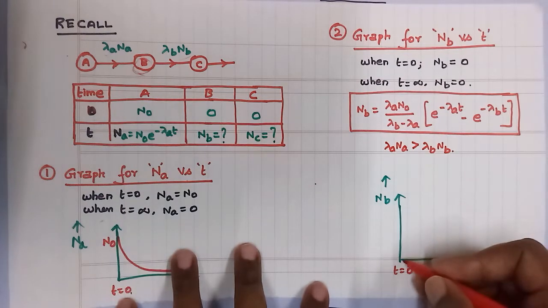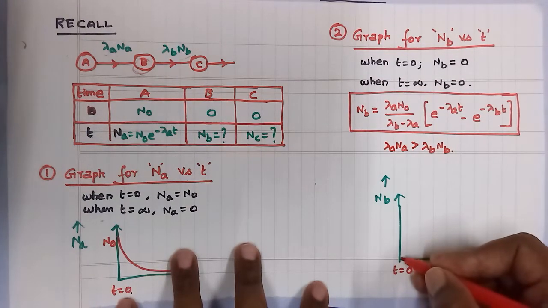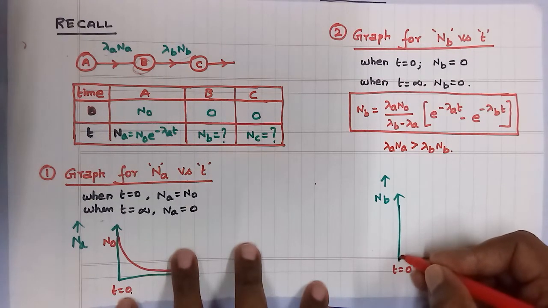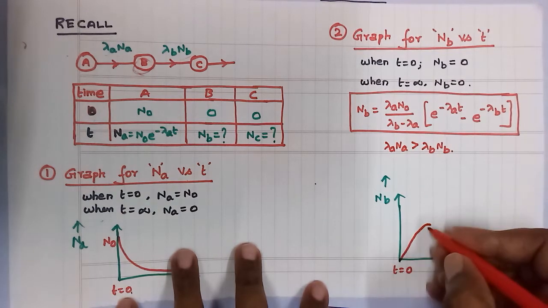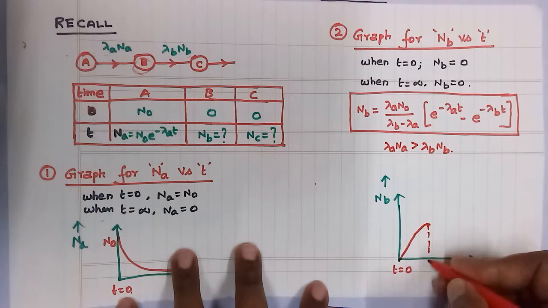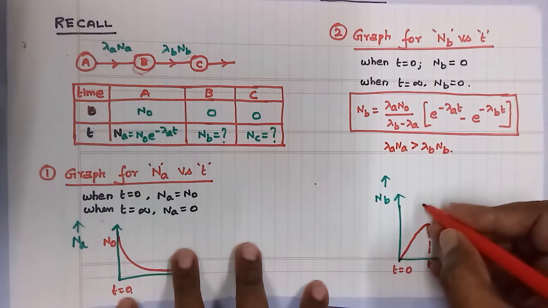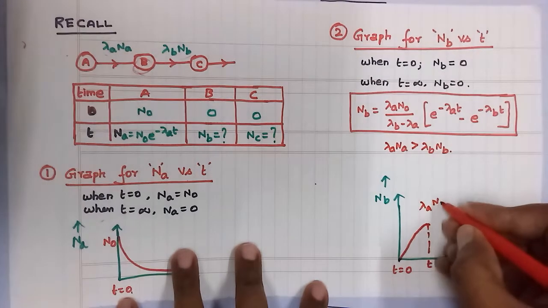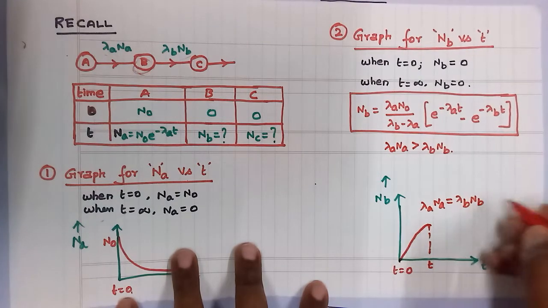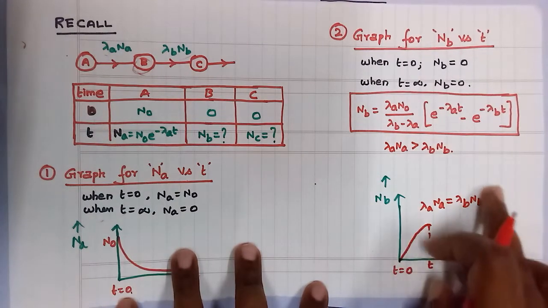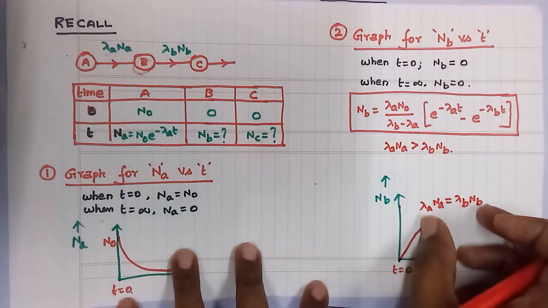So initially, from t equal to 0, the number of nuclei in B will increase until some time where lambda A Na is equal to lambda B Nb. This we call the equilibrium condition.